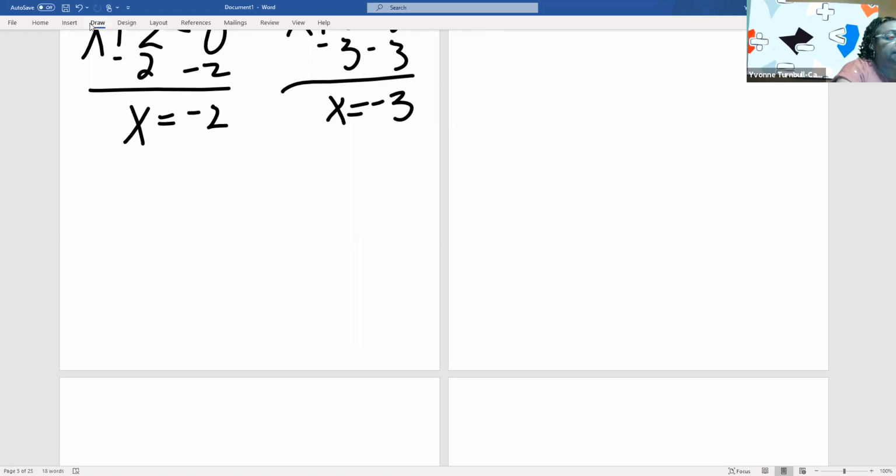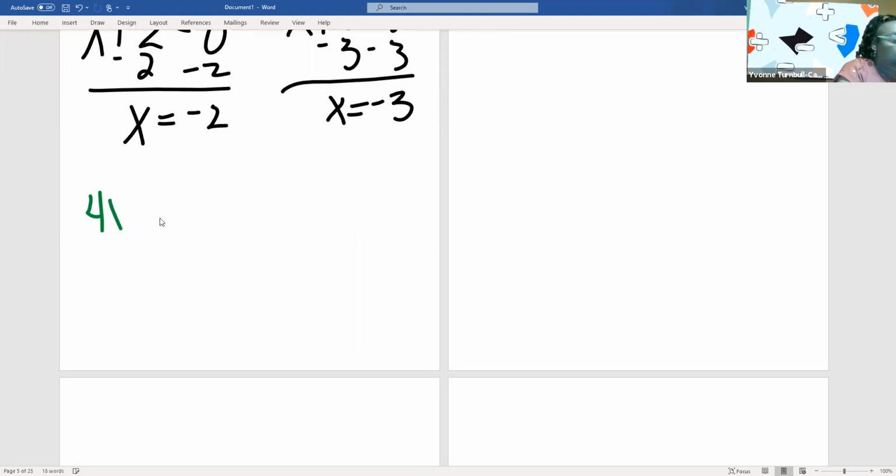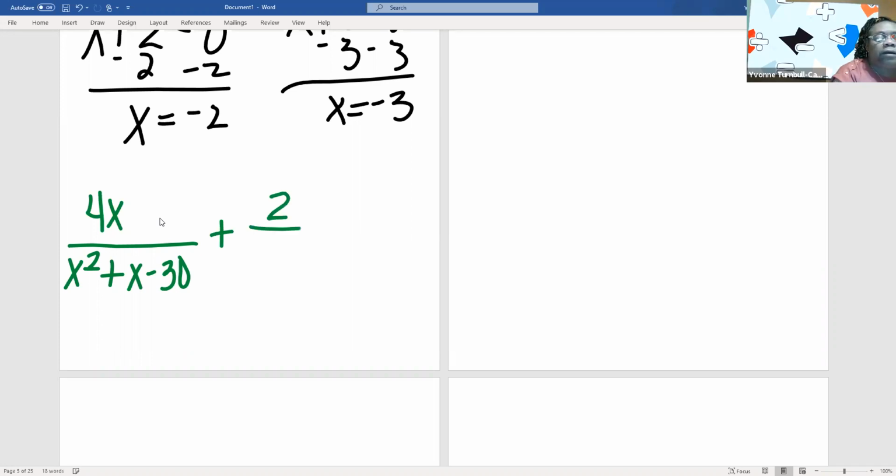Okay, tired of black. Green, how about green? Okay, we have 4x over x squared plus x minus 30, plus, oh, this is like one of the long ones we had earlier, 2 over x minus 5 equals 1 over x plus 6.